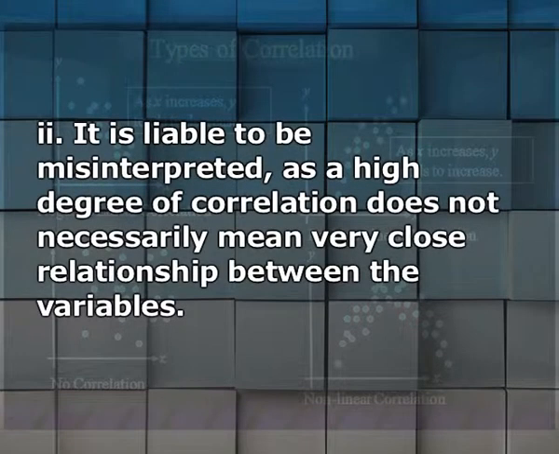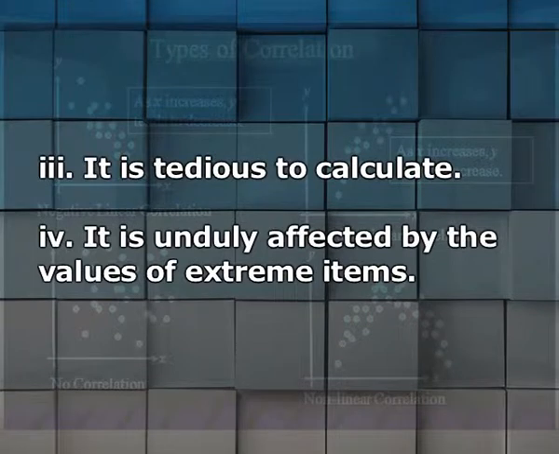Second one, it is liable to be misinterpreted as a high degree of correlation does not necessarily mean very close relationship between the variables. Third one, it is tedious to calculate. Fourth one, it is unduly affected by the values of extreme items.